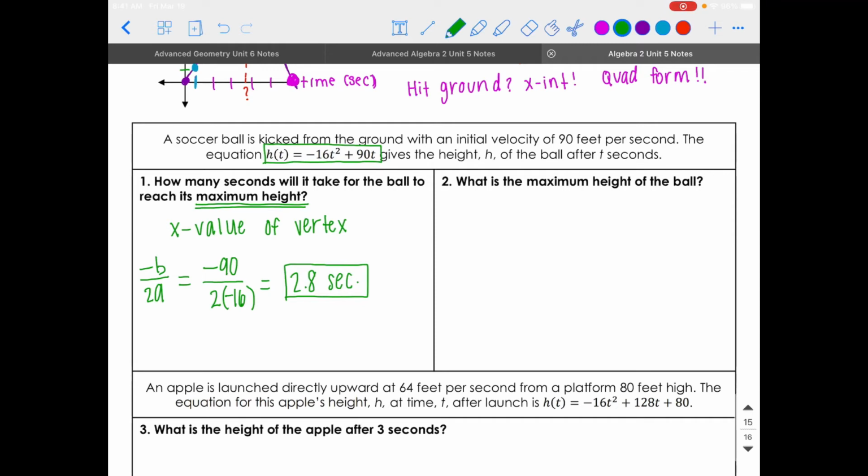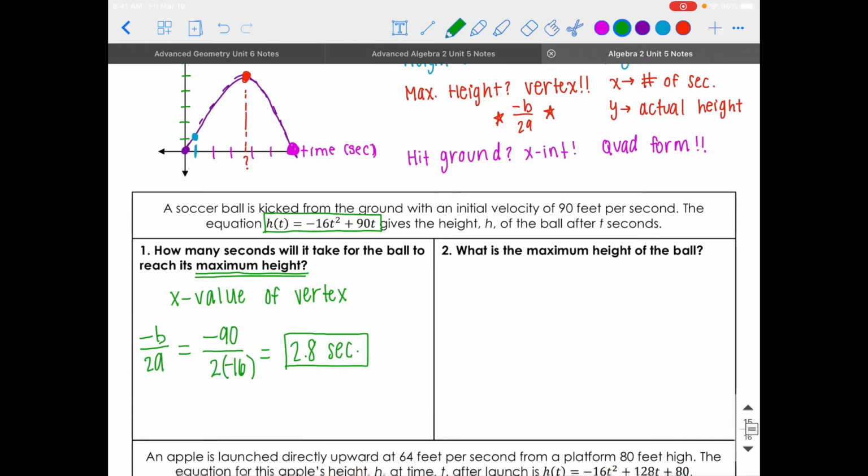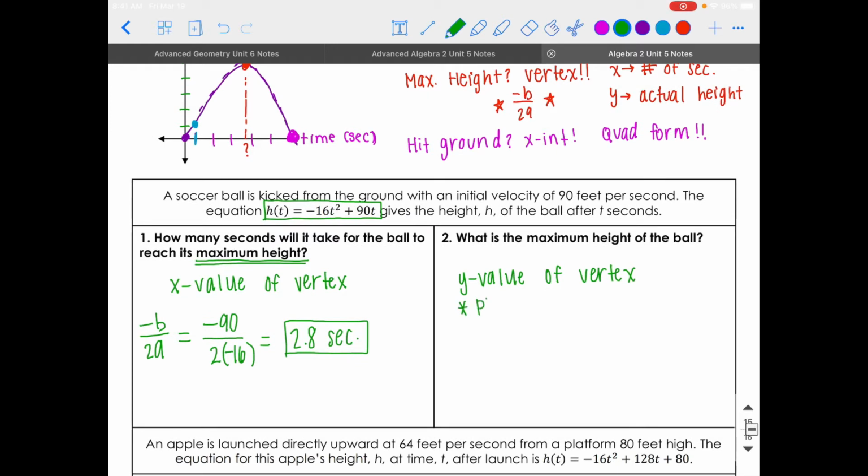Then it says, okay, well, what is the maximum height? What is that height of the ball at the top? So that would be the y value of the vertex. So when we're finding the y value, we plug in 2.8. So we take the x value and plug it back in to find the y.